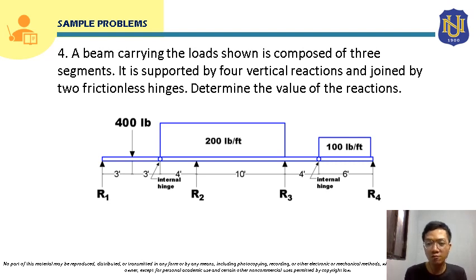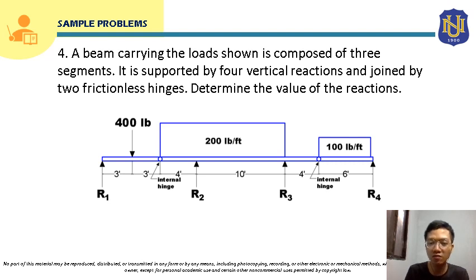If we separate the free body diagram of these segments, we will see that at this internal hinge there will be 2 reaction forces, one horizontal and one vertical reaction. So that's how we will do that for an internal hinge.